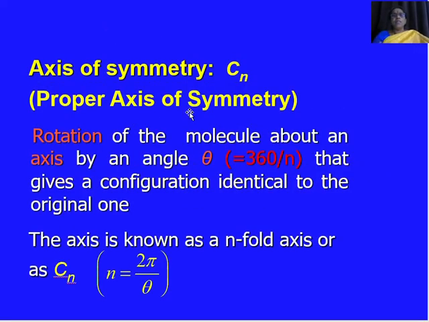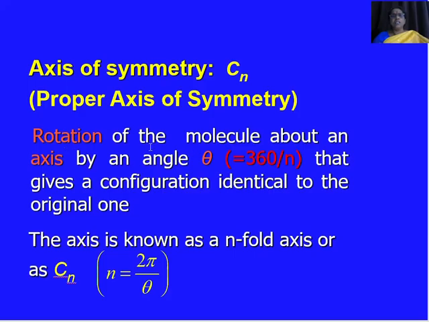Next symmetry element, axis of symmetry, Cn. It is also known as proper axis of symmetry because we have one more type of symmetry element known as improper axis of symmetry. To differentiate improper axis of symmetry from axis of symmetry, we use the term proper axis of symmetry.